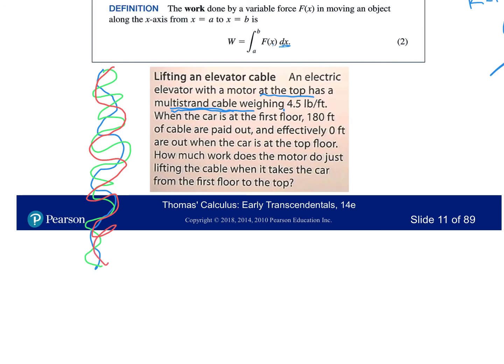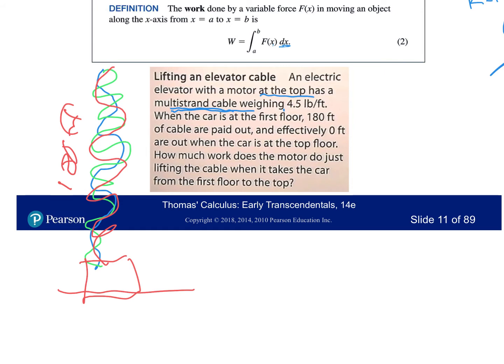And so the car is on the first floor. When I think of first floor, I think of the car being down here at the bottom, right? He says that the 180 feet of cable are out. So that's 180 feet of cable.